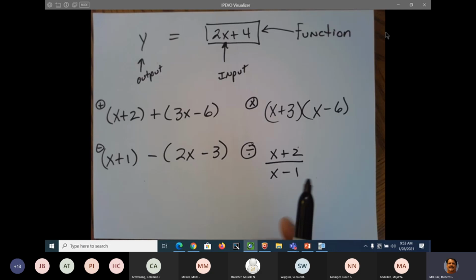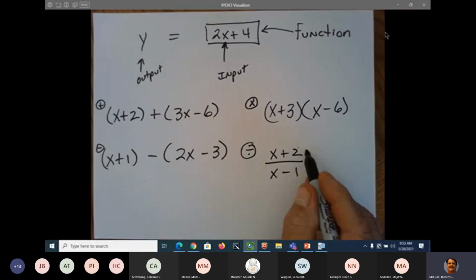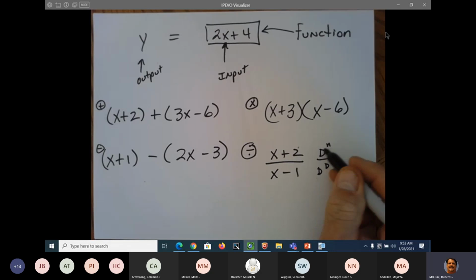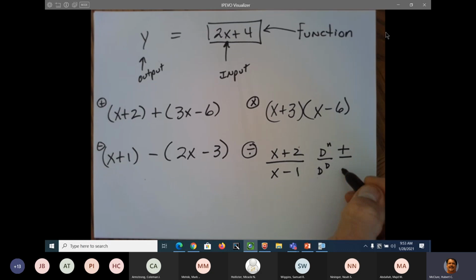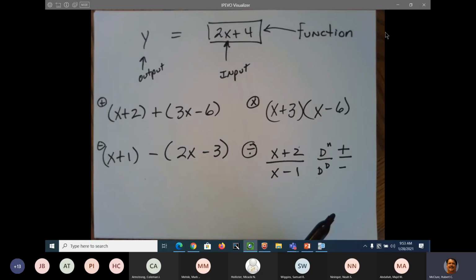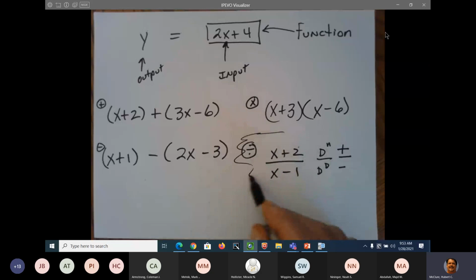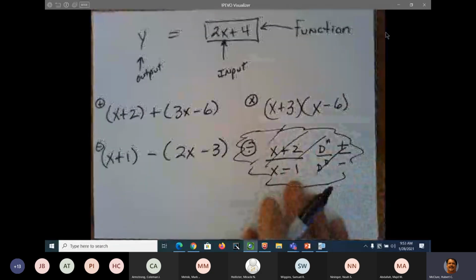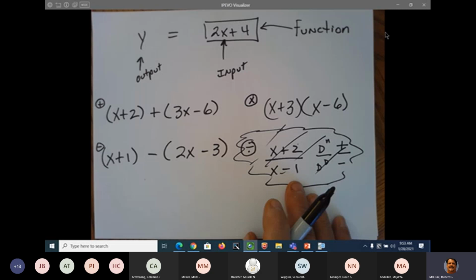But if the degree of the numerator is not higher than the degree of the denominator, then you can't do anything with it. So I'm not going to worry too much about division, because sometimes you can do it, sometimes you can't, and we'll get to that in just a minute.